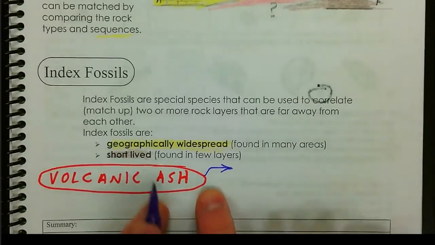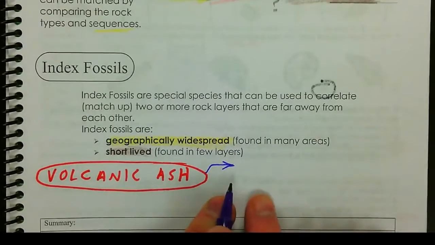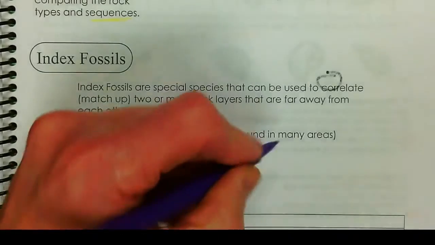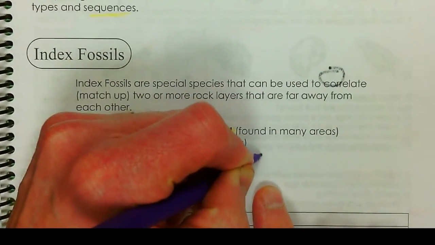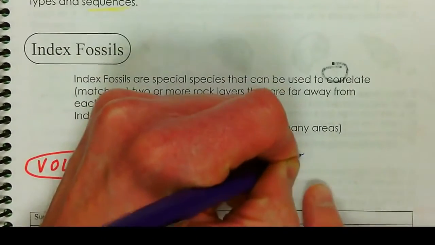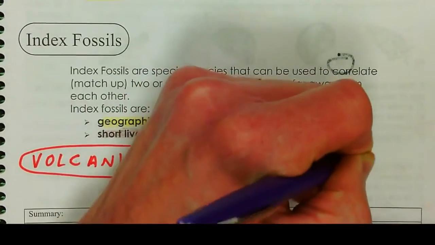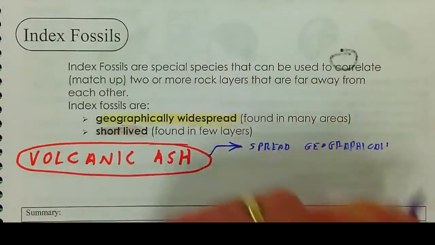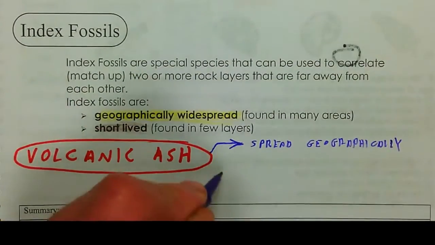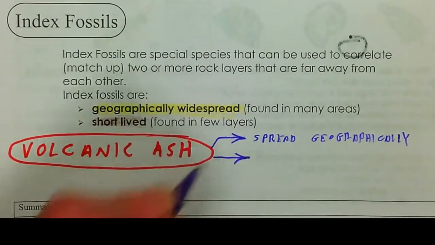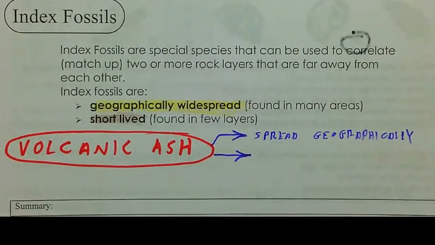When the ash is in the atmosphere and it lands, it's going to spread geographically. So volcanic ash will also spread geographically. And it happens in a short time. Volcanic ash will move and will settle down within a couple days.